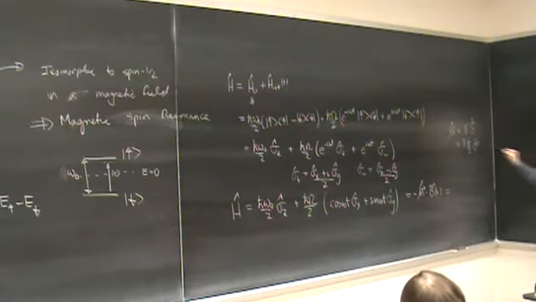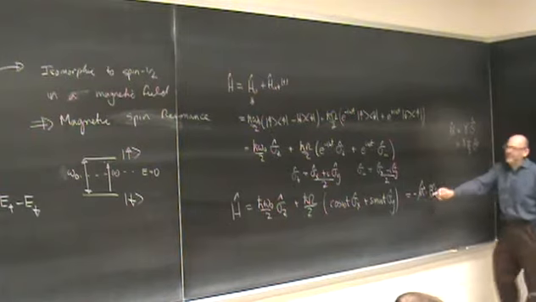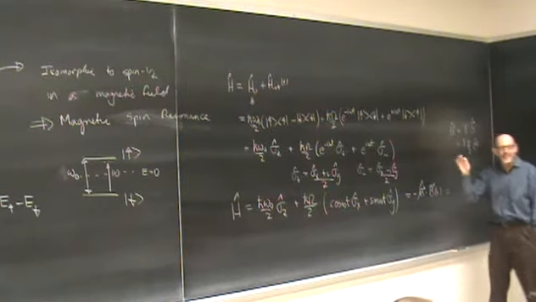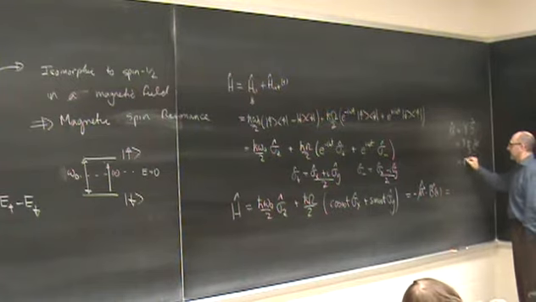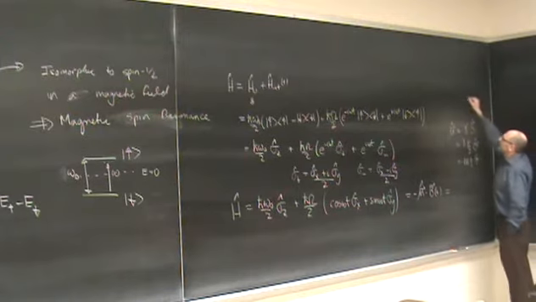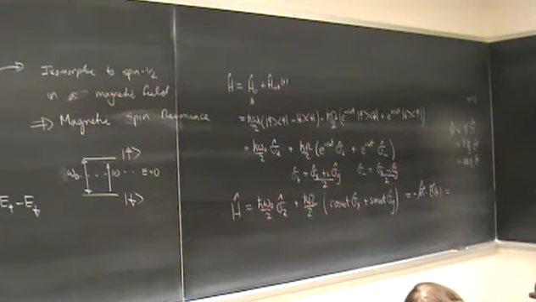And let me take this to be like an electron, just so I can get rid of that minus sign, and I'll take gamma to be negative, as it would be for an electron. Okay.